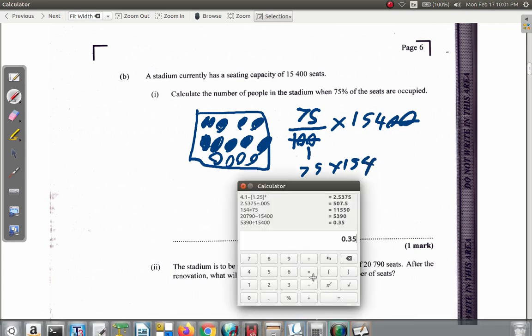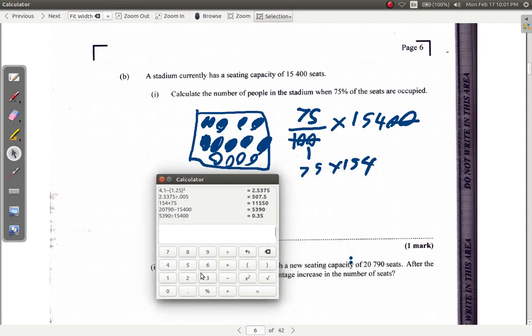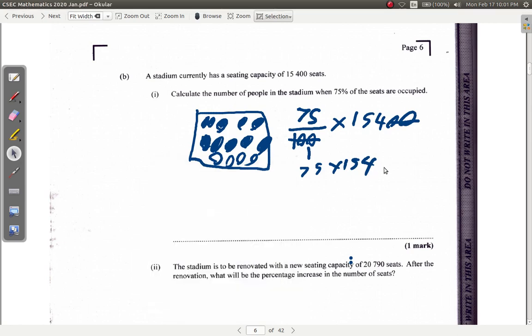Let me clear this calculator from what I was doing before. 75 by 154 is 11,550. So this is equal to 11,550 people seated.